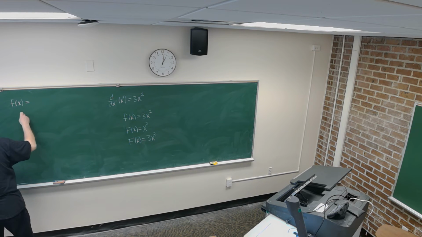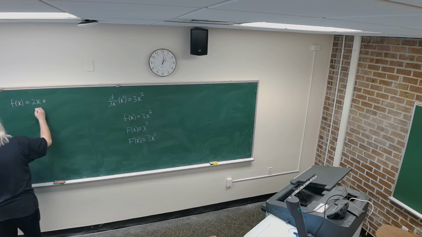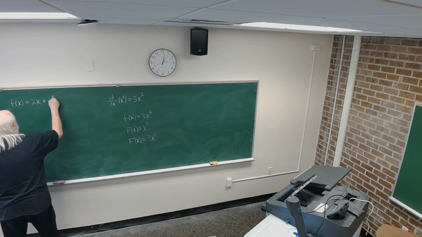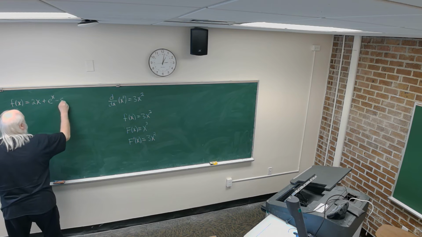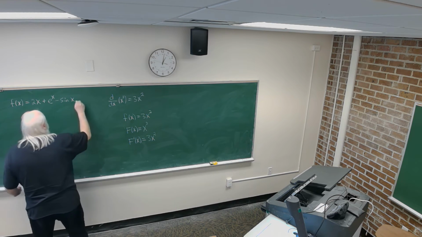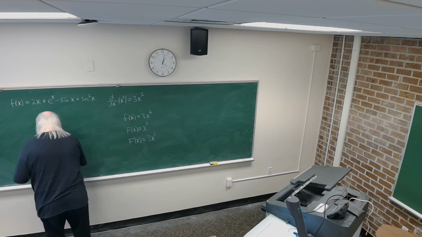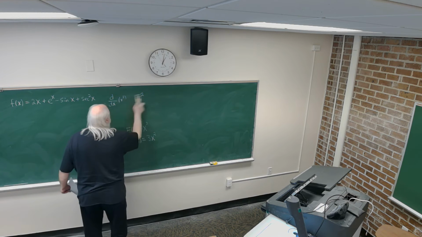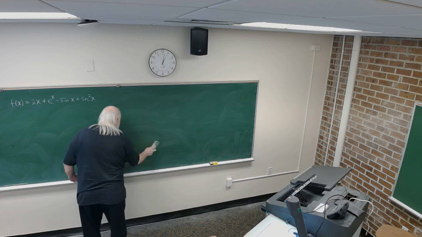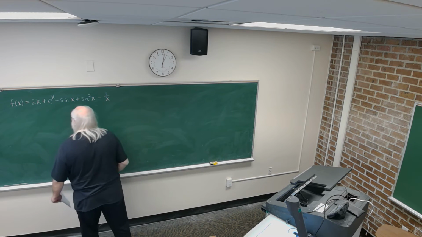So if little f of x is equal to 2x plus e to the x minus sine x plus secant squared x minus 1 over x.